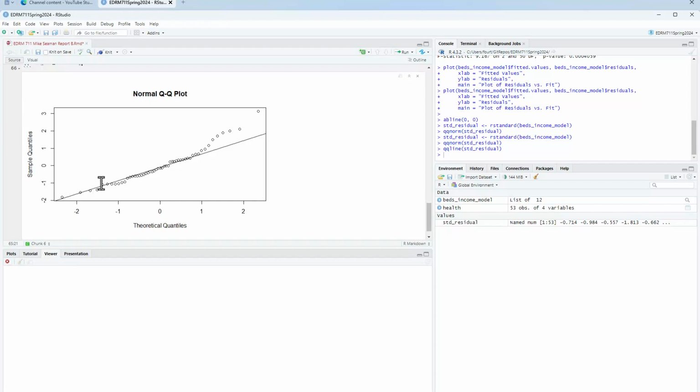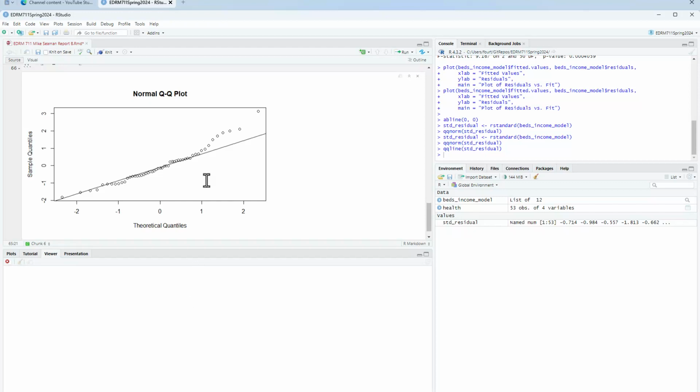This line represents what we would get if the sample observed values, that is our z-scores for our residuals, matched up perfectly with what the z-scores would be like from a normal distribution. Then those points would be right exactly on the line. Well, just like anything in statistics, it's never going to be exactly on the line. If we look at simple linear regression and we have a strong correlation, you still don't get everything exactly following a line, and the same will be true here.